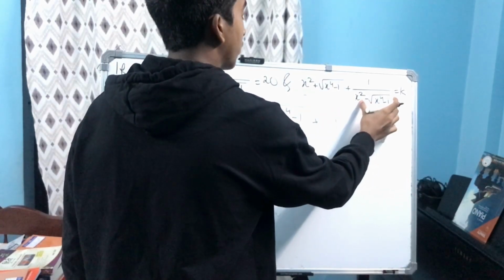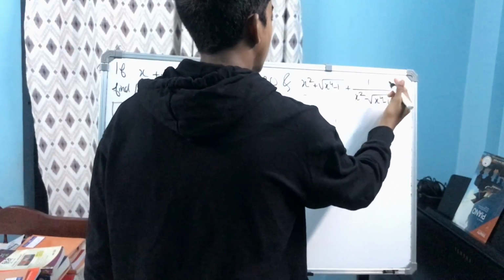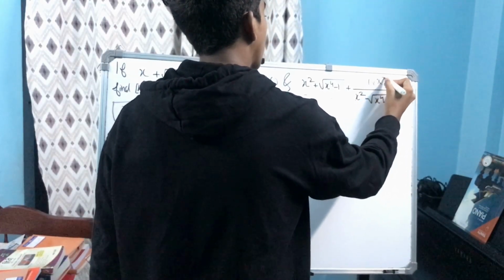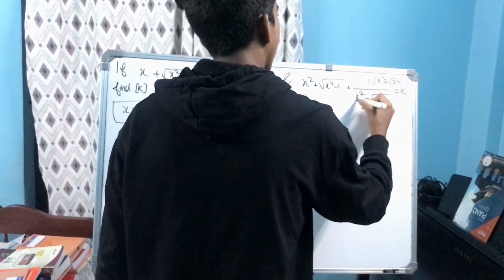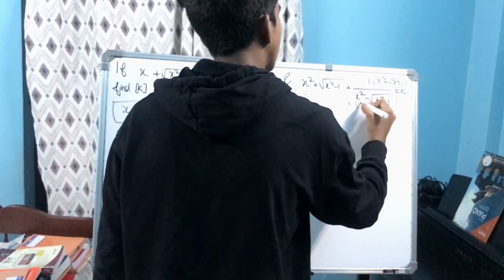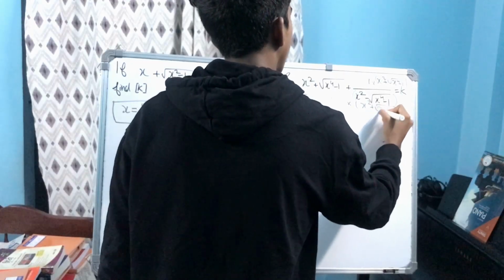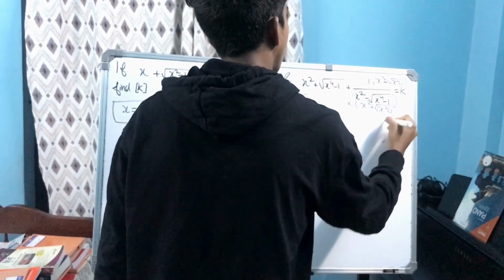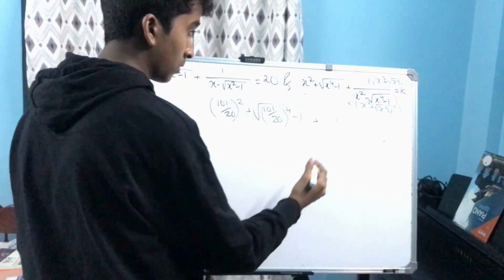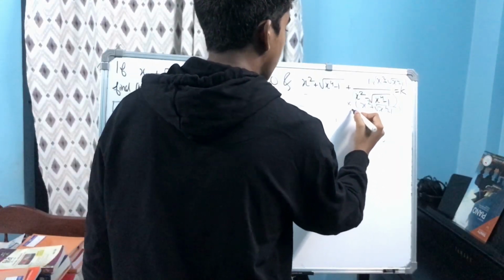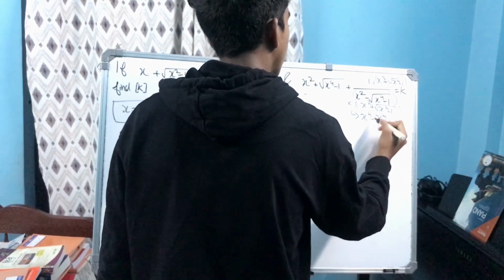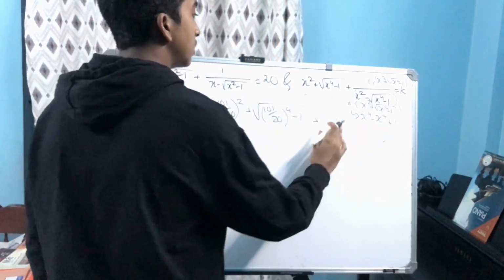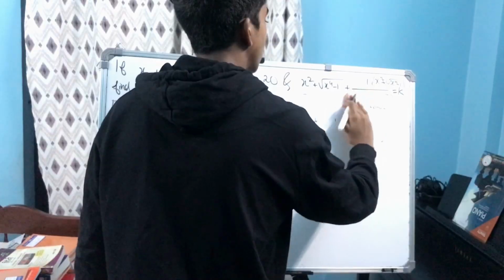And we can actually simplify this term similar to how we did earlier. Multiply by the conjugate, x squared plus square root of x raised to 4 minus 1. So the denominator will become x raised to 4 minus x raised to 4 plus 1, which cancels, and we get 1 as a denominator.